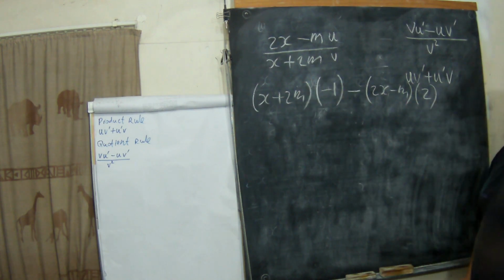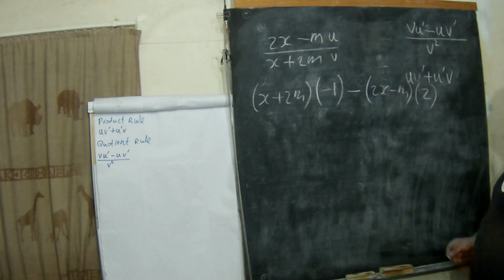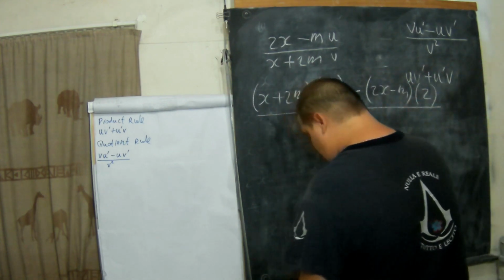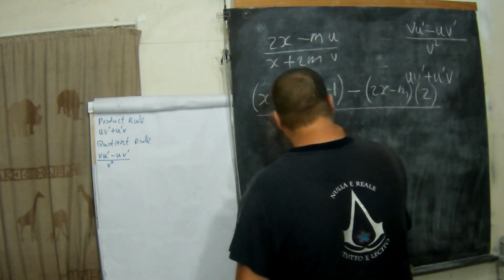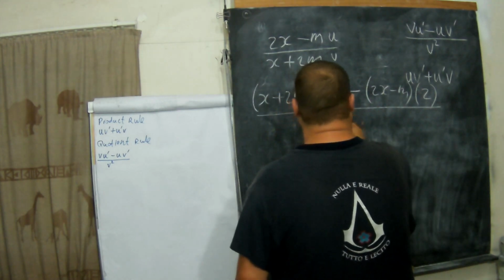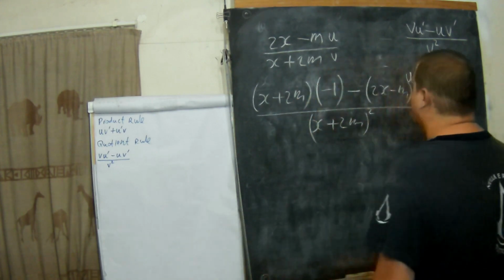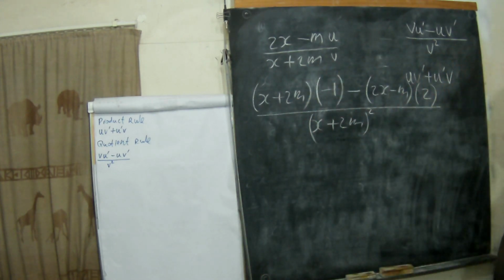That's how we got that. All over (x plus 2m) squared. Right. Now what we do is we multiply everything in.